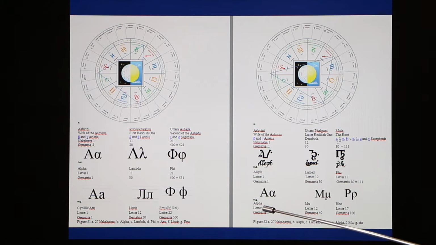Or I get AMR, Alpha, Mu, Rho, which gives me a gematria of 140, 100. And so simple combinations of letters or of geometry give me sets of nakshatras, sets of number symbolism, and letters of the alphabet, and different ways of writing alpha.